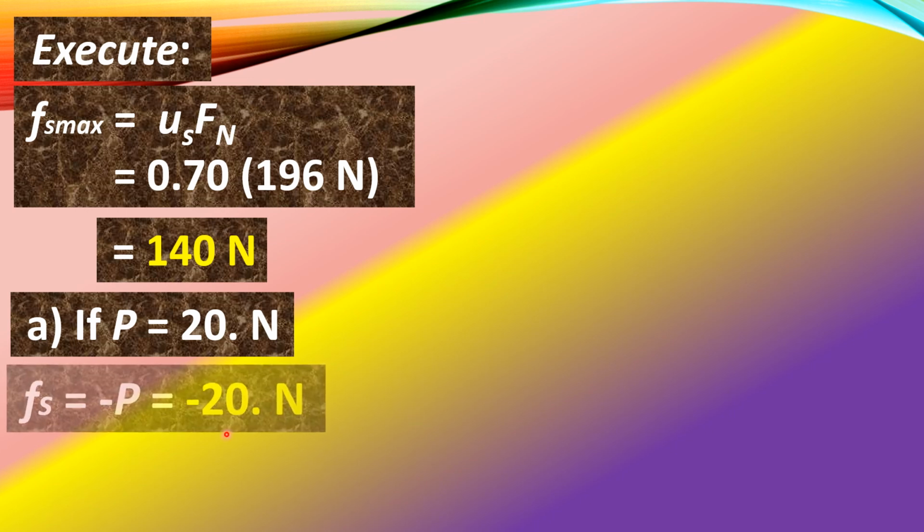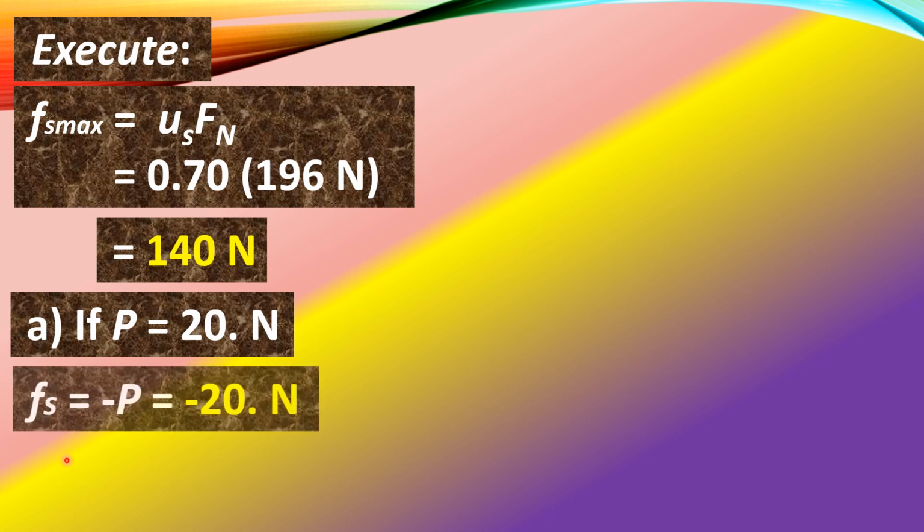Our answer is, the force of friction, which is in this case static friction, is just equal to the negative of the applied force P. Since the applied force P is only 20 newtons, therefore the force of friction or static friction is equal to negative 20 newtons.